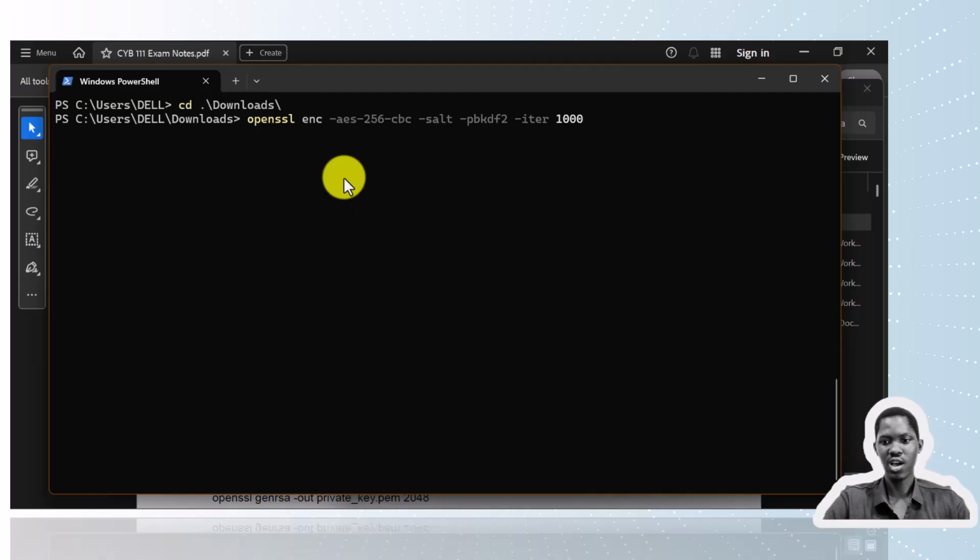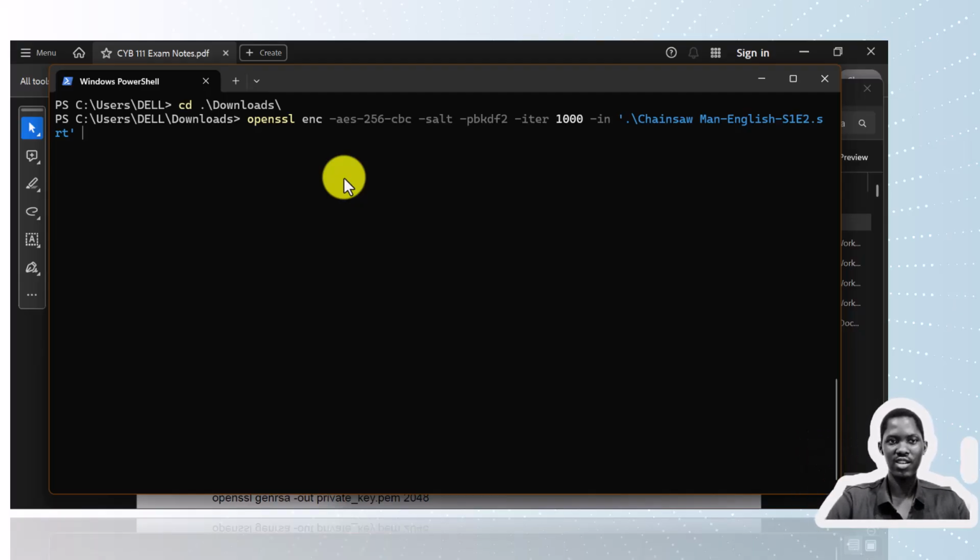And then I'll specify the input file, the file that I want to encrypt. That is the plain text file that I want to encrypt. So I'll specify the file name here, which is chainsaw. You can see I'm encrypting Chainsaw Man English Season 1 Episode 2.srt. So that is the file that I am encrypting.